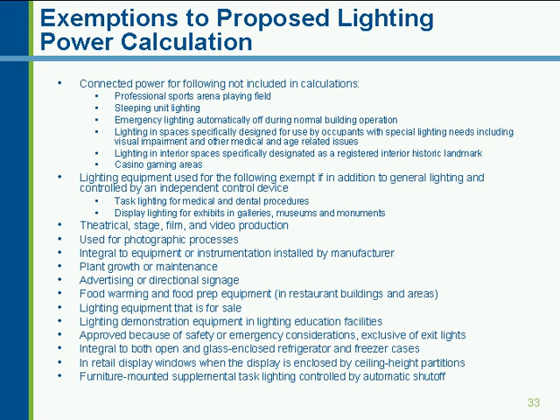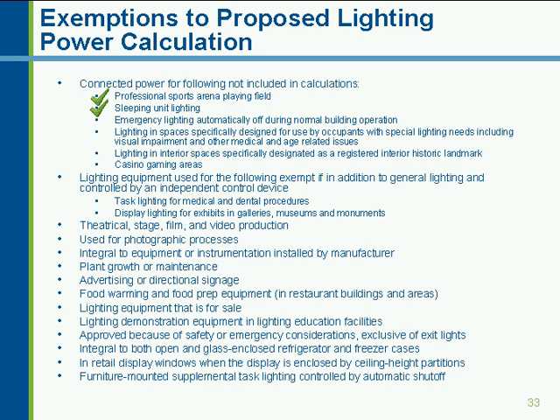And of course, as we mentioned, there are exemptions to the installed power. We're not going to go through each of these, but there's a fairly long list of specific applications that are exempted from the calculation. And they include areas or applications, for the most part, like professional sports arena playing fields, sleeping units, as we mentioned before, are exempted.